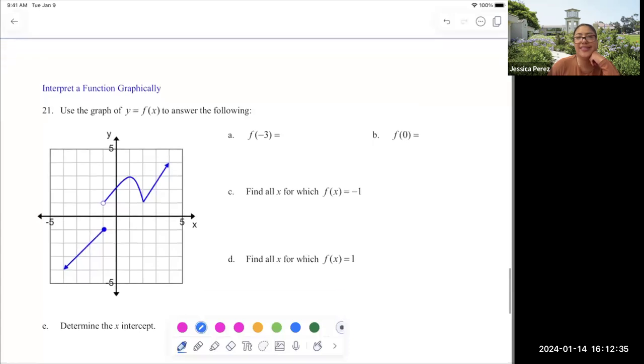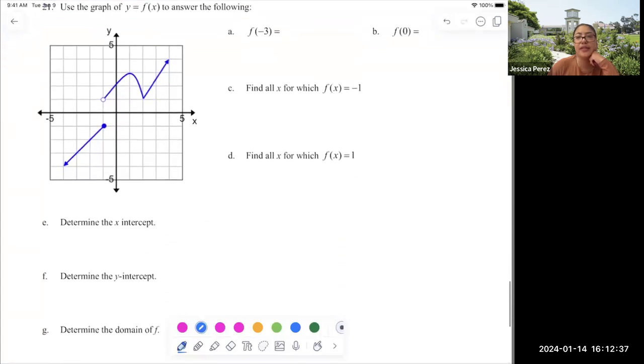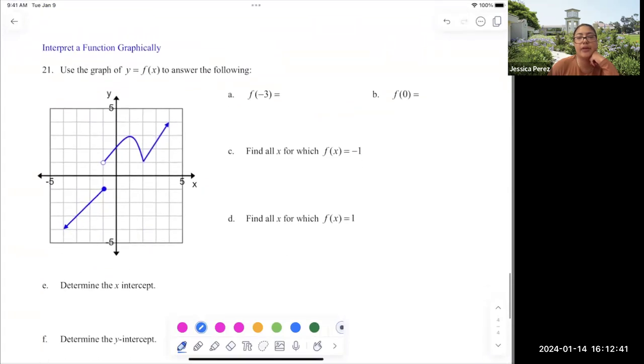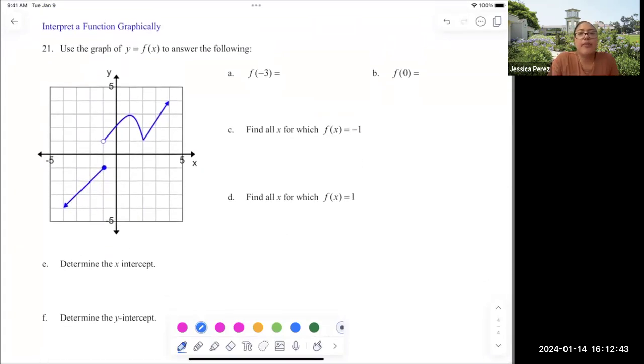So here it is. Now that we have these pieces, this is the last view, and this is exactly a piecewise function. They're saying use the graph of y equals f of x to answer the following. The first one they're saying, what happens when x is equal to -3? You see 2 points. So which one is it?